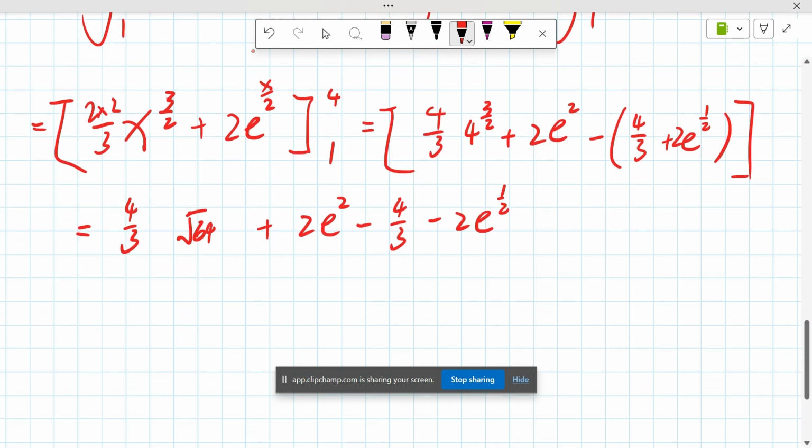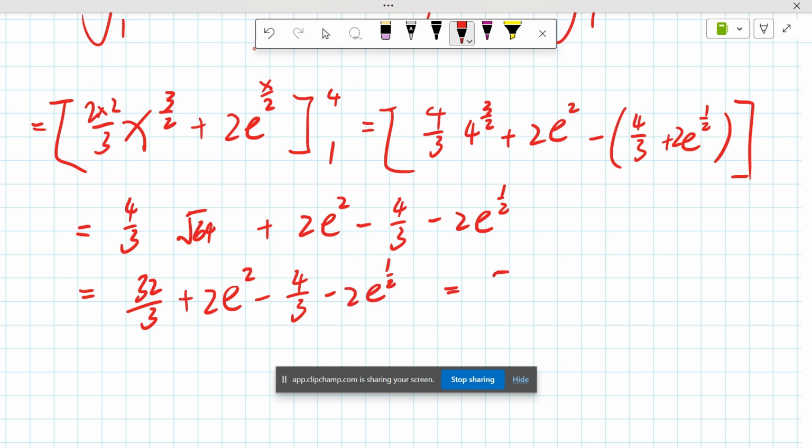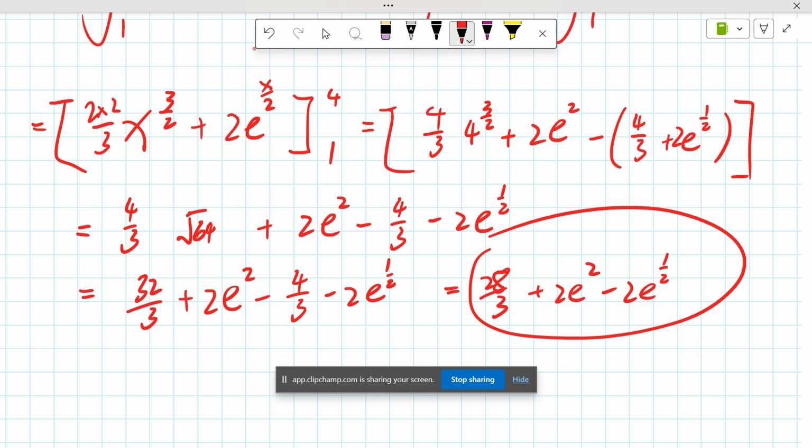So that equals 32 over 3, sorry, not 28, 32 over 3, plus 2e squared, minus 4 over 3, minus 2e to the half. And that equals 28 over 3 plus 2e squared minus 2e to the half. You could simplify that as well, but I just leave that one. You could take the 2 as a common factor, and that's it. That's pretty much all you need to know.